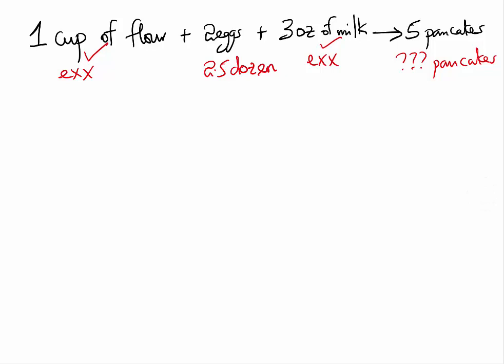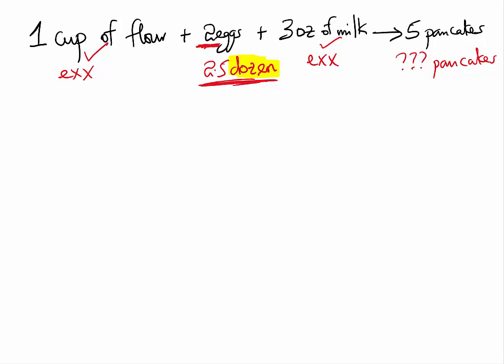Look at the only difference between what we are doing now and what we have done. The difference is that my eggs are now given in dozen, but my recipe is written in the number of eggs, which means that to complete this calculation, I will first need to convert my eggs from dozen and then use the relationship between what I know and what I want.